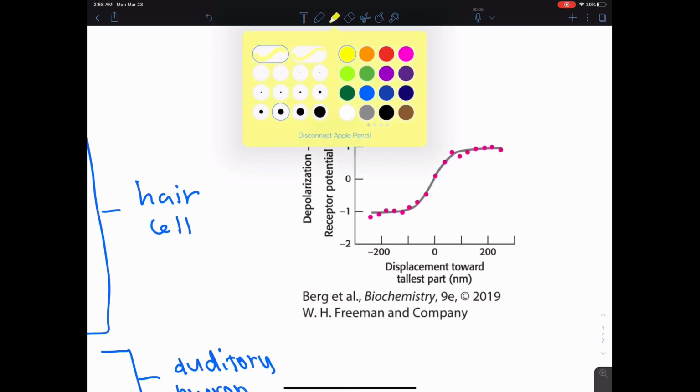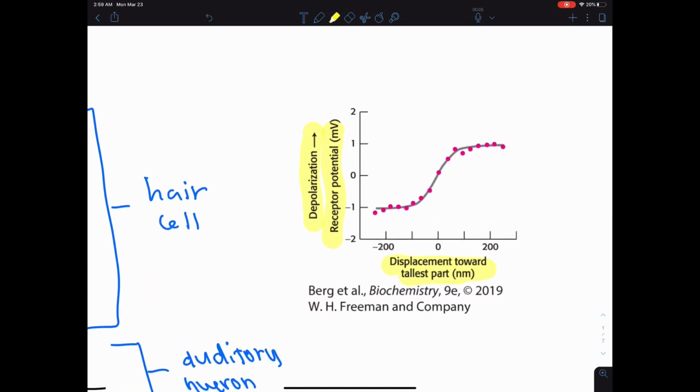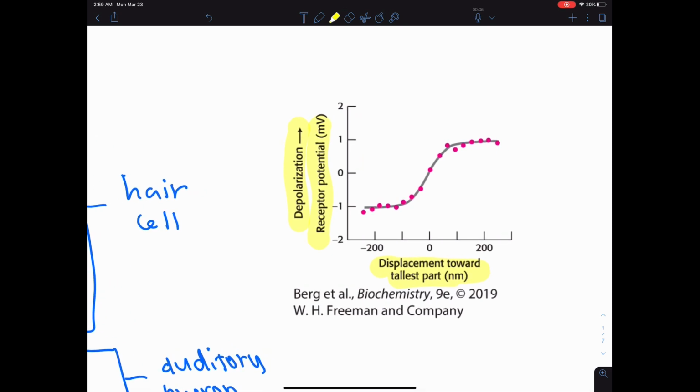So this shows a graph of this process where the displacement towards the tallest part, which is the kinocilium, is measured in nanometers, and this acts as the depolarization, so the cell becoming positive. When there's displacement towards the tallest part, the kinocilium, the cell depolarizes, as you can see from this graph. And so you can tell that further displacement causes a higher level of depolarization.